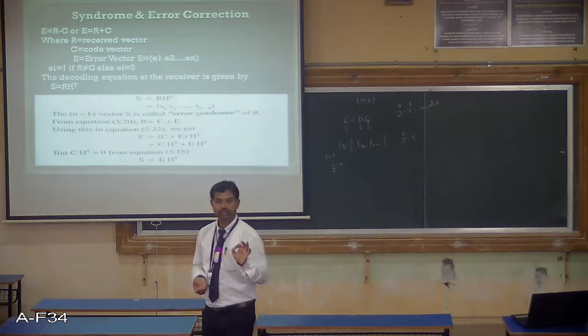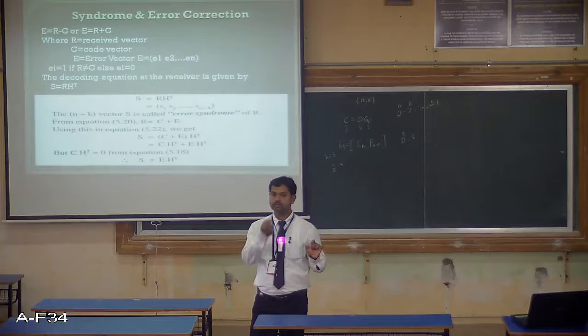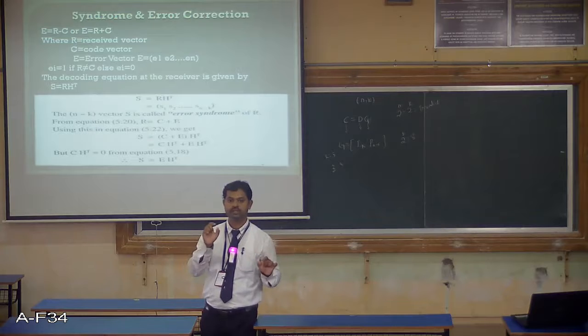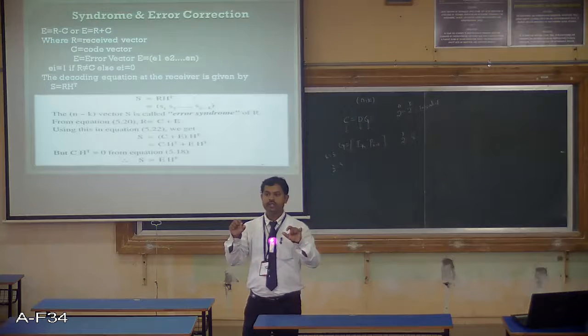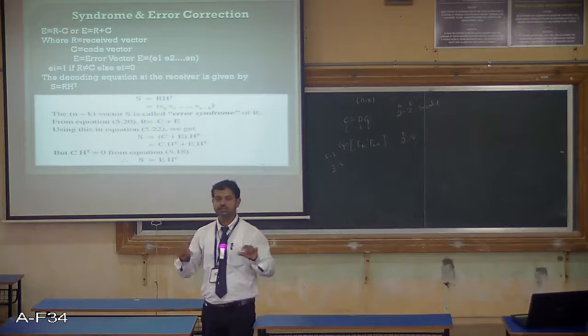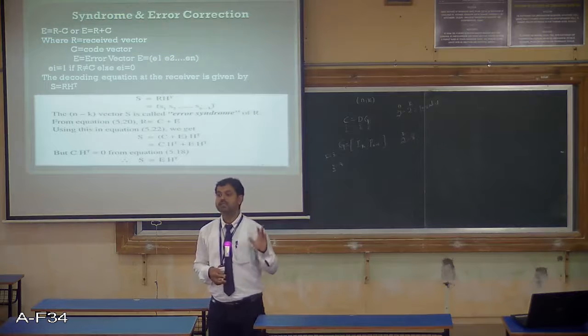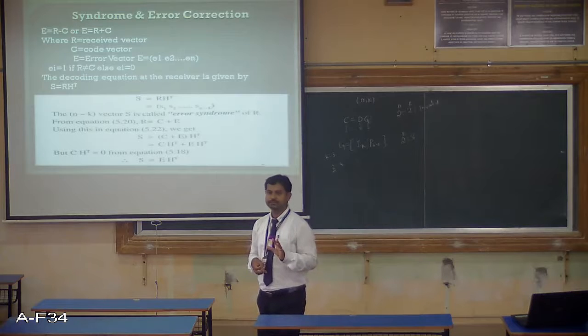If any error occurred, then the syndrome will be a non-zero value. The syndrome is a matrix having certain values. If all the values are 0, then there is no error. If the syndrome is a non-zero vector, then there is an error.